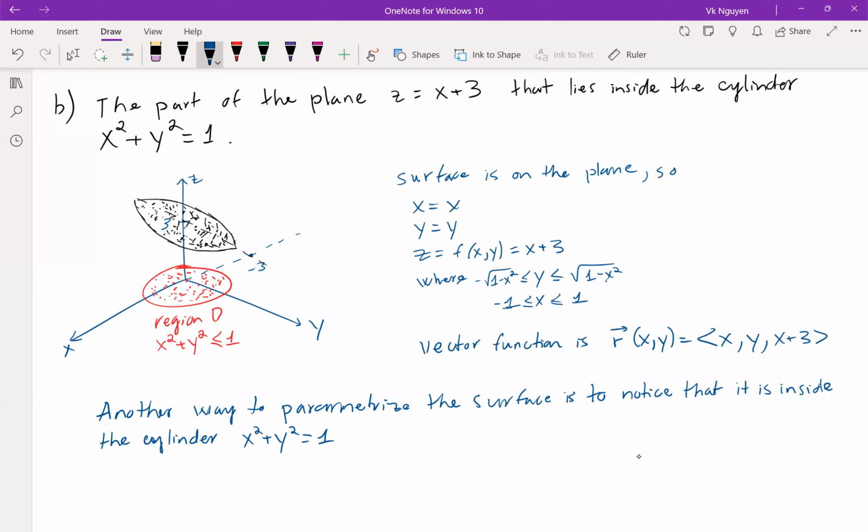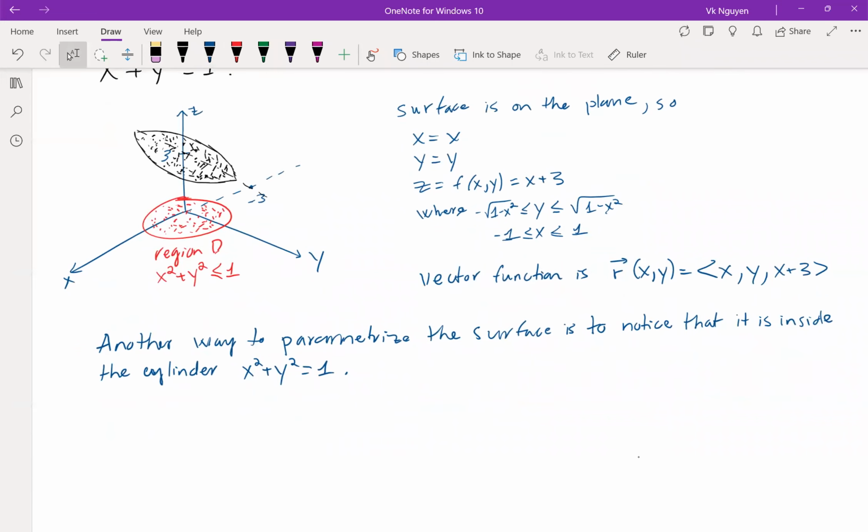So we can definitely use the radius and the angle theta to parametrize. x is equal to, well, we're going to do r cosine theta. y is equal to r sine theta. And then z here is, if you look up, z is x plus 3. So that is r cosine theta plus 3. This is because z is x plus 3.